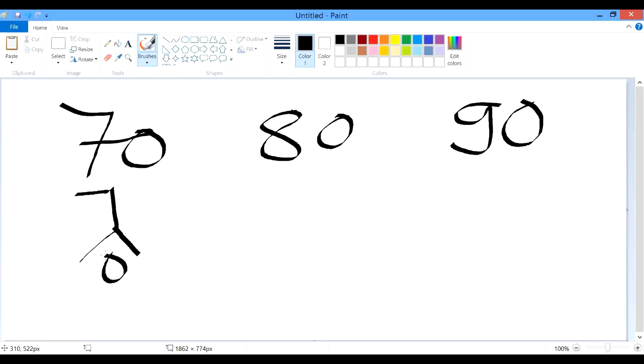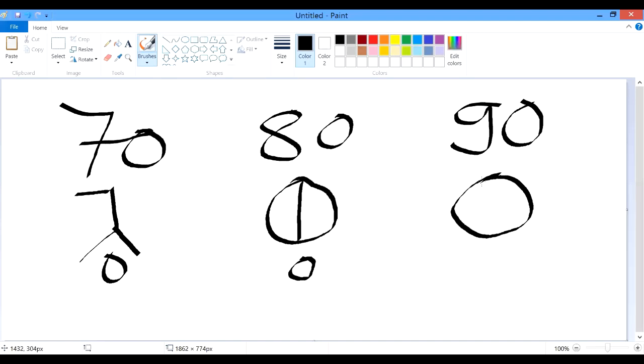And then 80 have a circle, and then one vertical line, and then 0. And 90, take a circle, instead of the vertical line you can have one plus sign, and then 0. That is the 90.